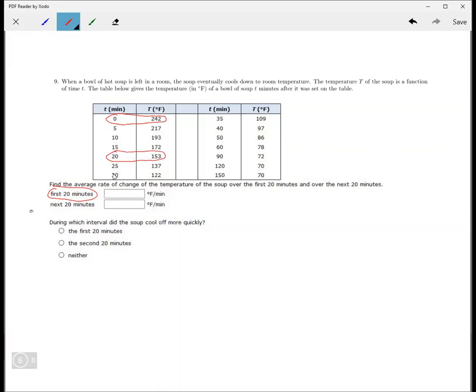At the starting point, the soup was 242 degrees Fahrenheit. After 20 minutes, it's 153 Fahrenheit. To get this, you take the last value, subtract the first value from it, and divide by 20.